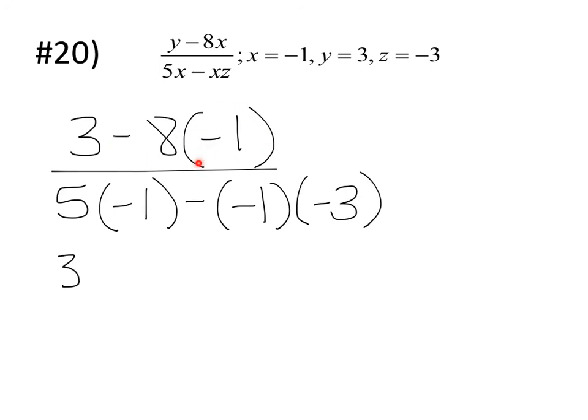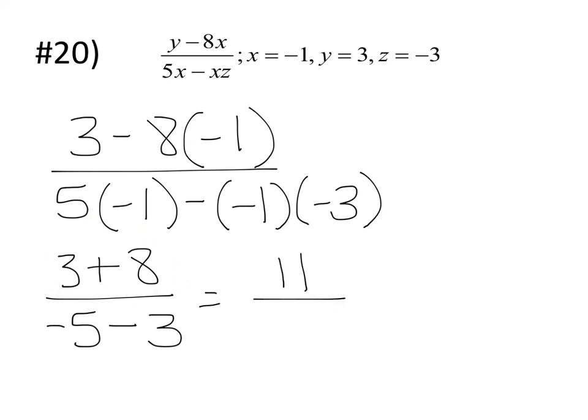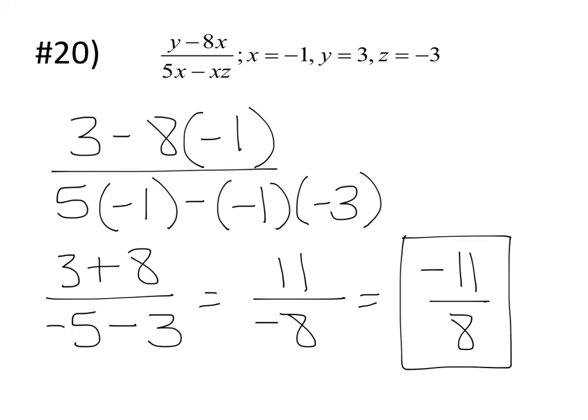Negative 8 times negative 1 becomes positive 8 over 5 times negative 1 is negative 5 minus negative 1 times negative 3 is positive 3. Then you've got 3 plus 8 is 11 over negative 5 minus 3 is negative 8. So your answer is negative 11 over 8. All I did was move the negative up to the numerator.